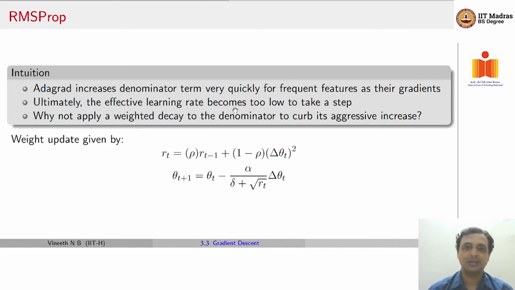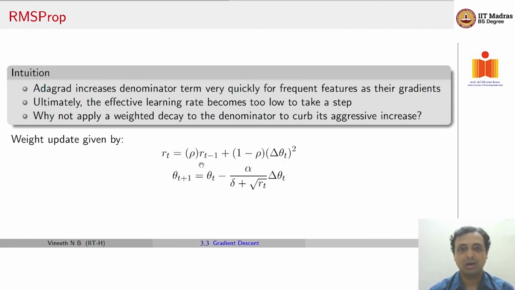RMS prop, which was a method that came along at the same time as Adagrad, proposed a slightly different approach to this problem and said, let RT be a convex combination of RT minus 1 and delta theta t whole square. What is a convex combination? Where you have rho times one term plus 1 minus rho times the other term. It's a linear combination where the two coefficients add up to 1.